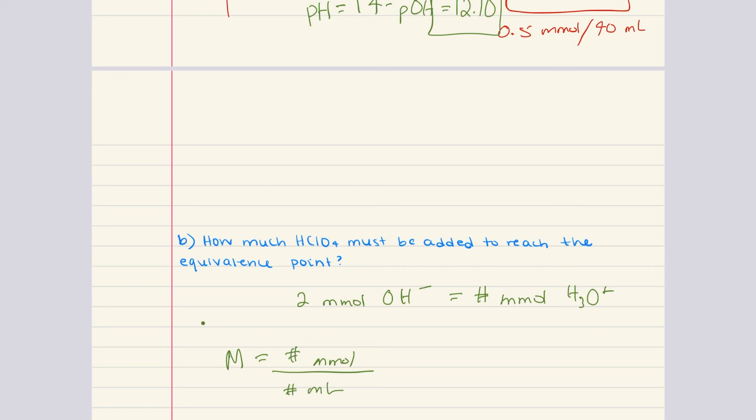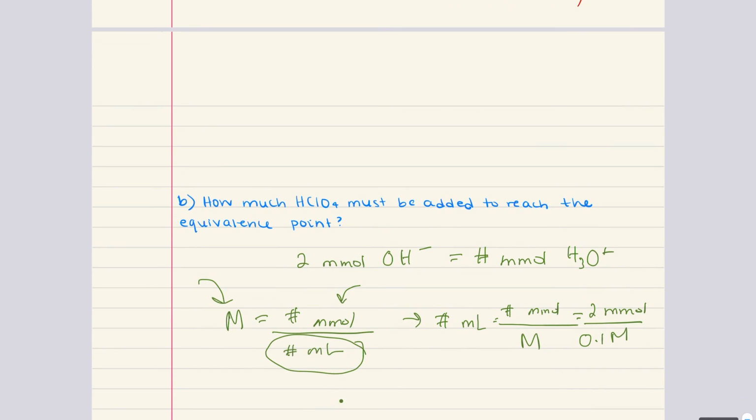We have the molarity, we have the number of millimoles, so we can determine the number of milliliters by rearranging this equation. The number of milliliters is equal to the number of millimoles divided by molarity. This is going to be equal to 2 millimoles divided by 0.1 molar, and this gives us 20 milliliters.